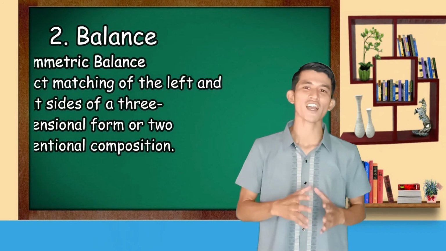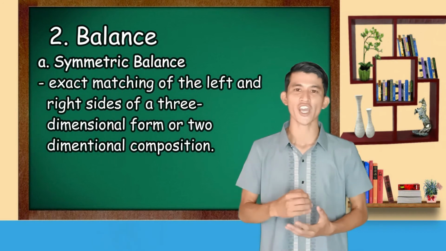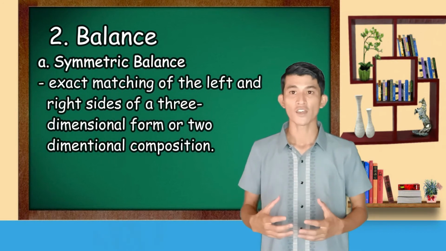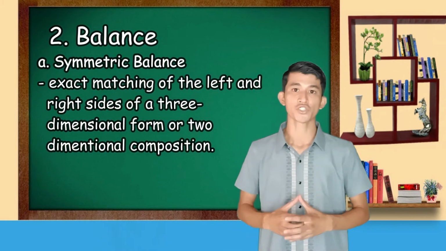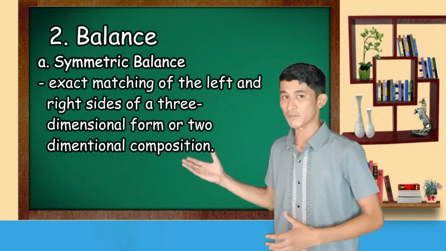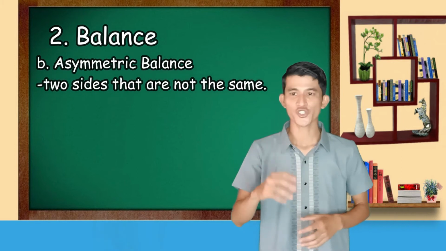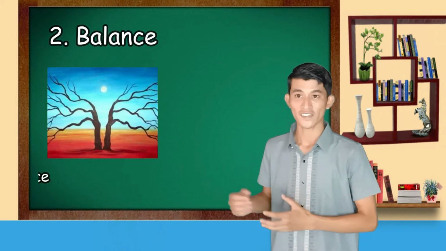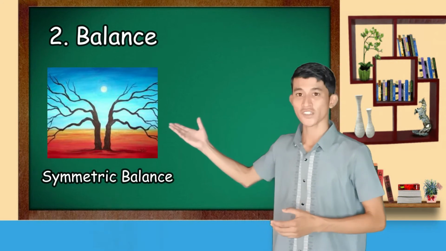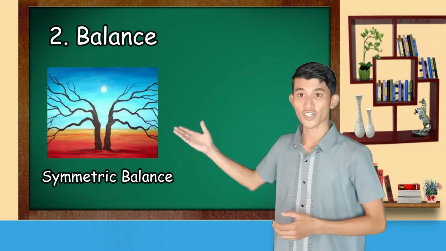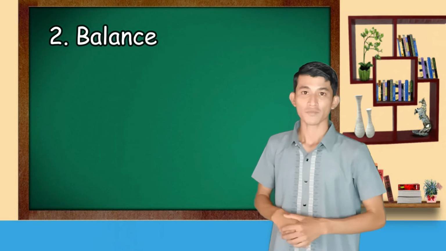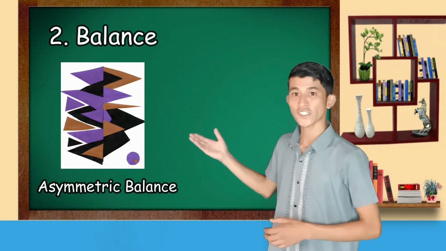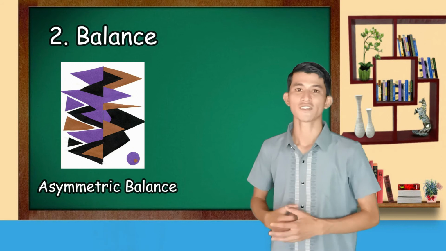The near or exact matching of the left and the right side of a three-dimensional form or a two-dimensional composition is called symmetric balance. Two sides that are not the same is asymmetric balance. Just like this one, class, this is called the symmetric balance. And this one is asymmetric balance.